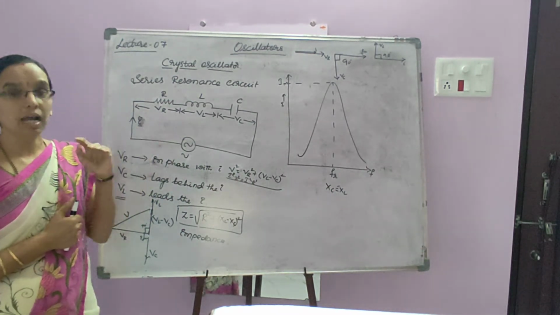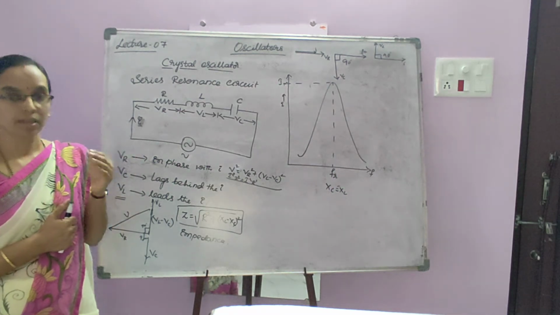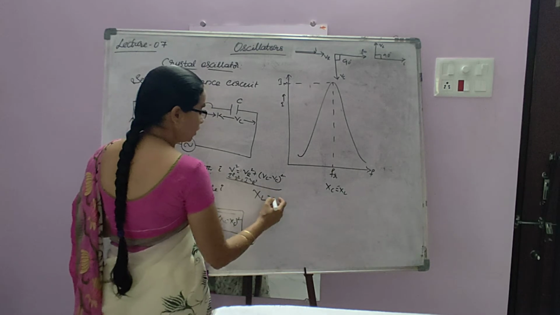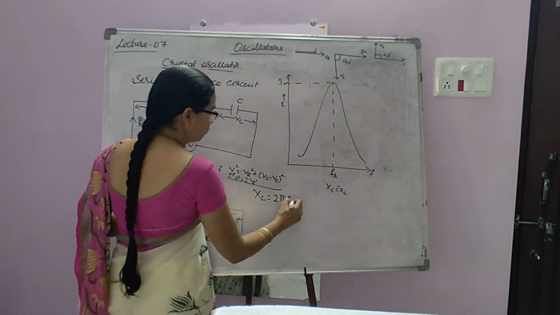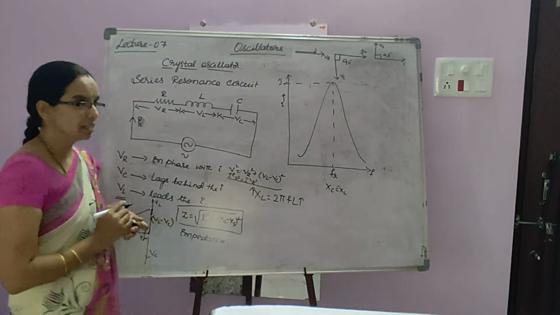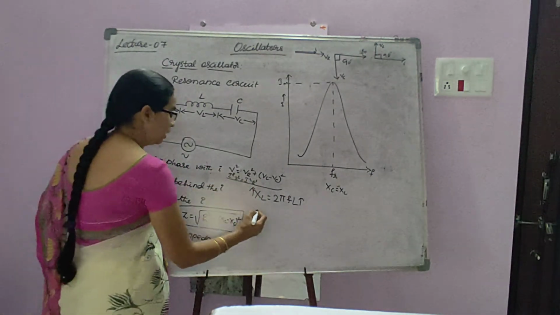what happens at high frequencies? We know the formula for XL, the inductive reactance, is 2 pi FL. At high frequencies, XL increases and the circuit behaves as inductive.